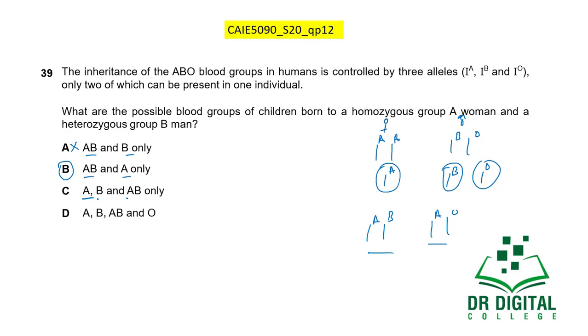For blood group B, there should be IO from the mother and IB from the father, but IO is not present with the mother, so this cannot be formed. So C is wrong. D is wrong. Once again, B blood group is formed, which cannot be formed. So A, C and D are wrong. The answer for this question is B.